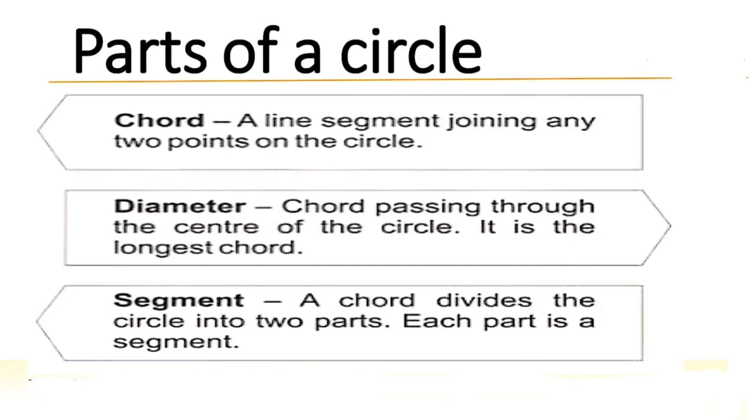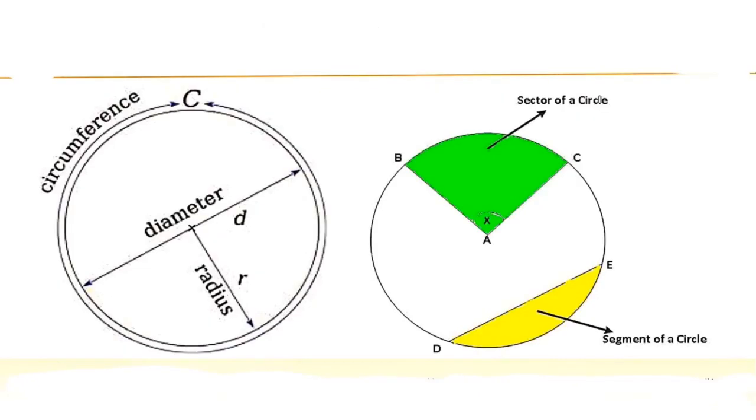Okay, segment. What is meant by segment? In the sense, a chord will divide the circle into two parts, right? Each part is called a segment. Okay, if you are drawing a chord, just imagine this is the chord.